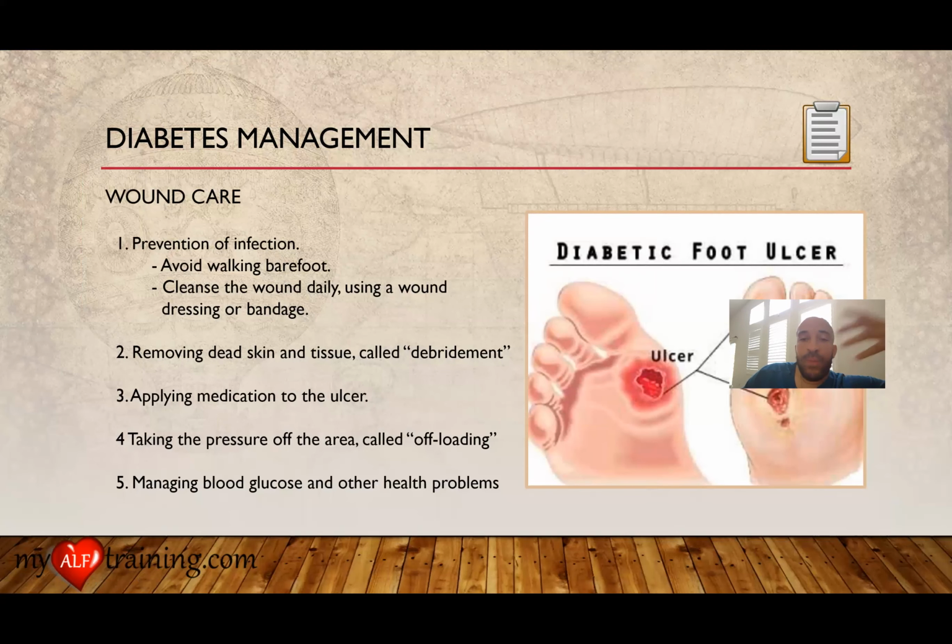So that's what I want you guys to see, just the personalization that we need to put into our care plan, and not just make a cookie cutter, one-size-fits-all type of plan for all the patients with diabetes who need some assistance in managing the effects of the disease.